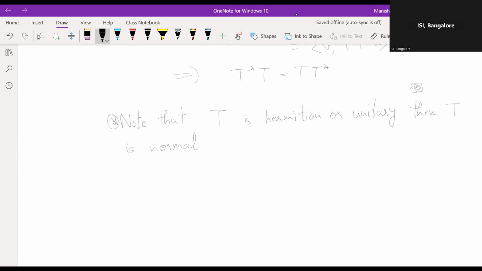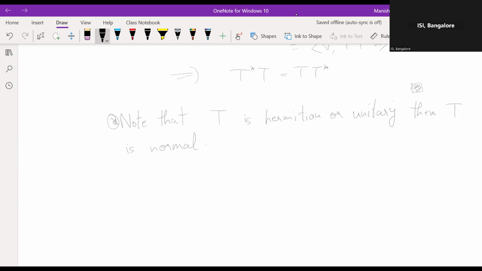So I need not have proved the spectral theorem for Hermitian operators, but it was a short proof. If I prove the spectral theorem for normal operators, then for Hermitian operators it follows.